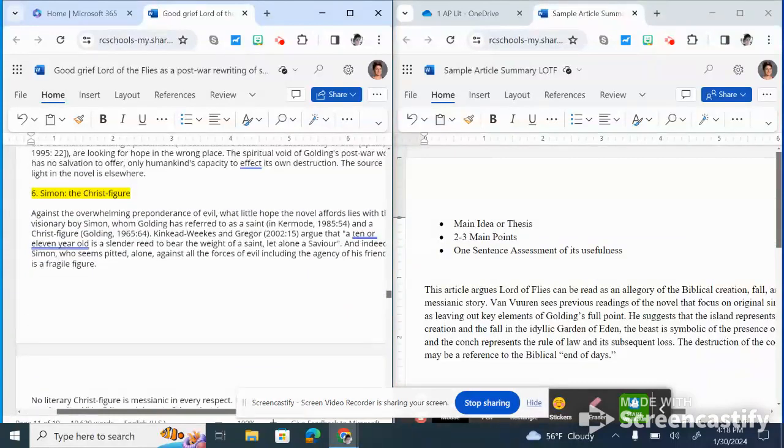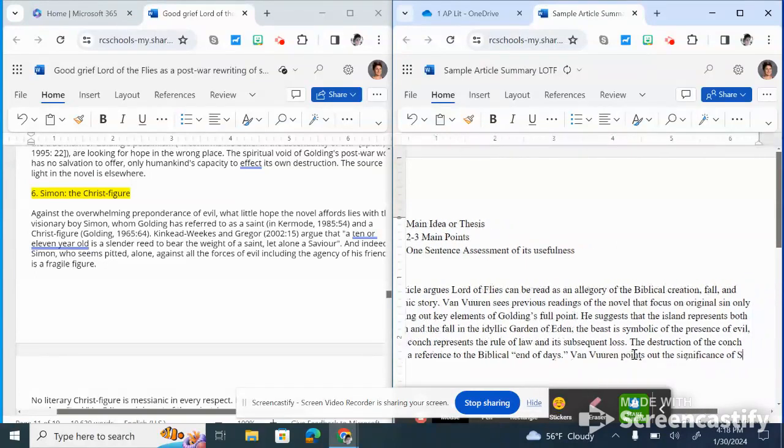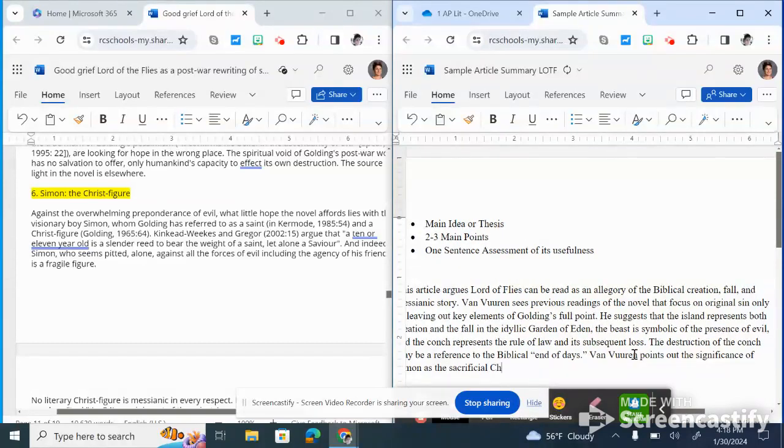No, there it is. Simon as the Christ figure. I'll say Van Buren points out the significance of Simon as the sacrificial Christ figure who brought hope.